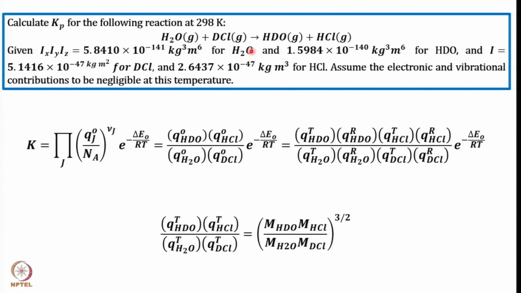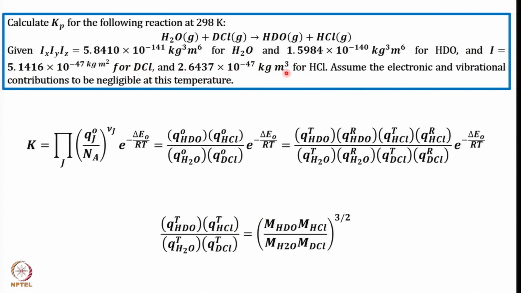Remember that H2O and HDO are non-linear molecules, so they have all three moments of inertia. Instead of rotational constants A, B, C, what is given here is Ix, Iy, Iz, this product. For the other two molecules, DCl and HCl, which are linear rotors, only one moment of inertia is required, and for DCl this number is given, for HCl this number is also given.